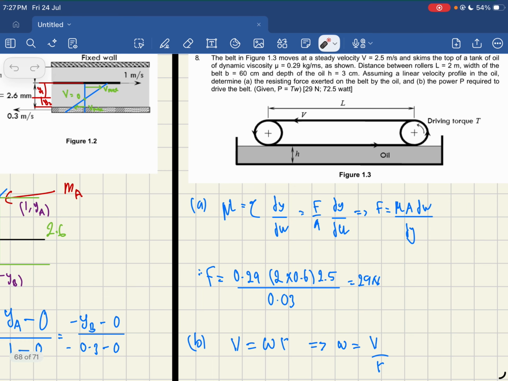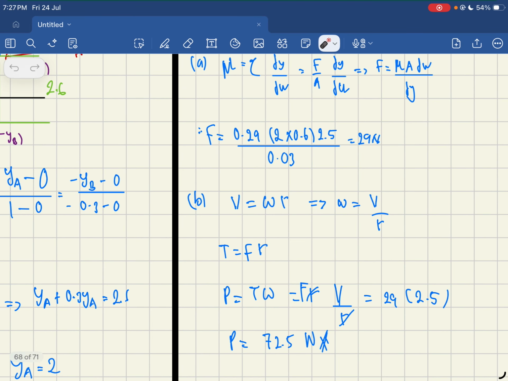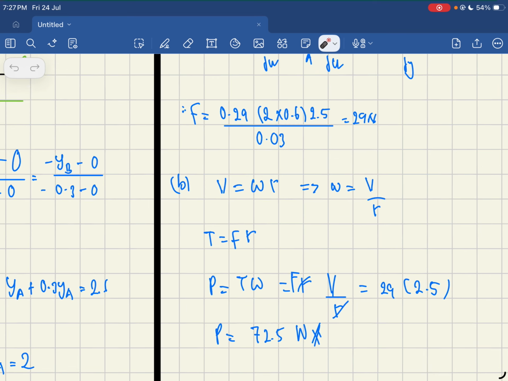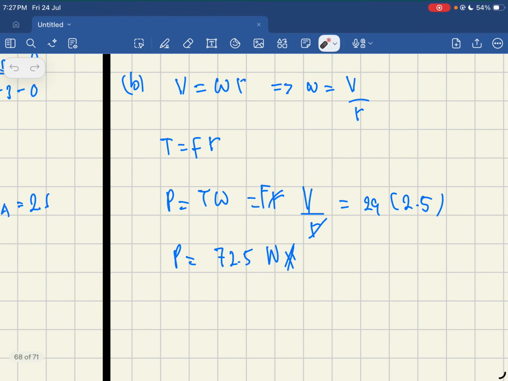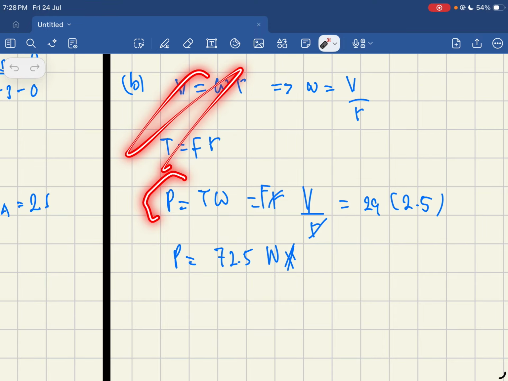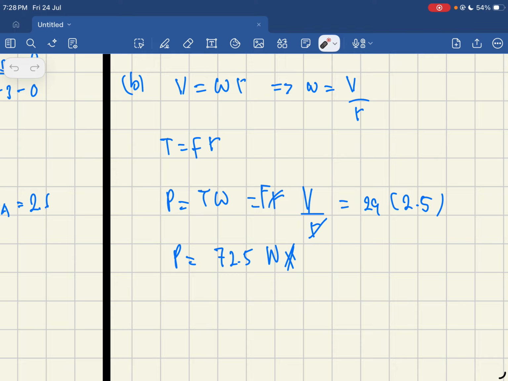Question B, the power required to drive the belt. This is the relationship between power and torque. The upper side you can neglect; it just includes the torque value, which is 29.